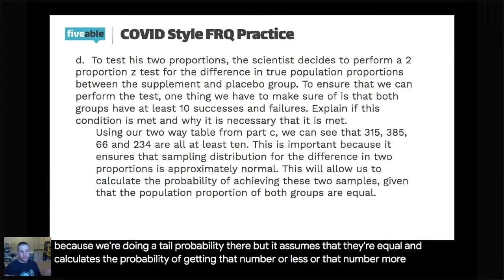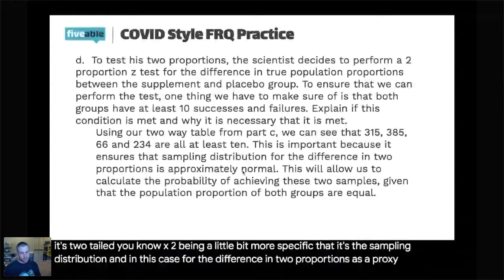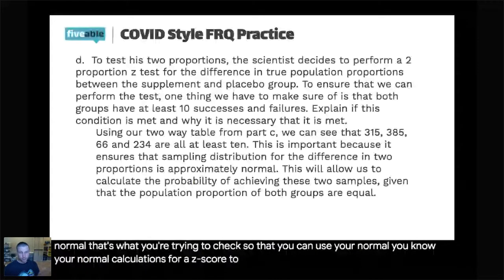And if it's two-tailed, multiply by 2. Okay. But that being a little bit more specific, that it's the sampling distribution, and in this case, for the difference in two proportions is approximately normal. That's what you're trying to check, so that you can use your normal calculations for a z-score to get your p-value, or a t-score if it's means.